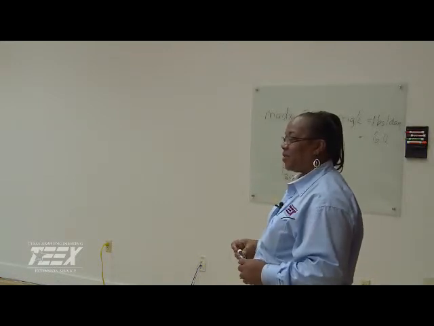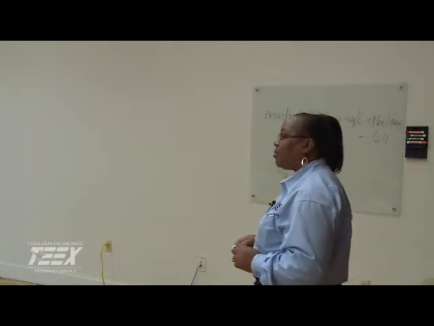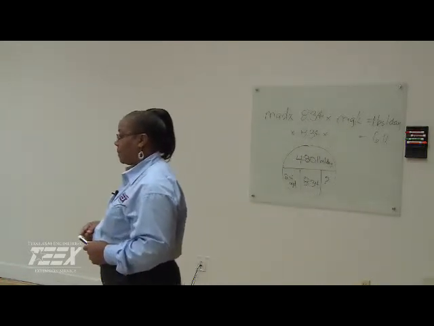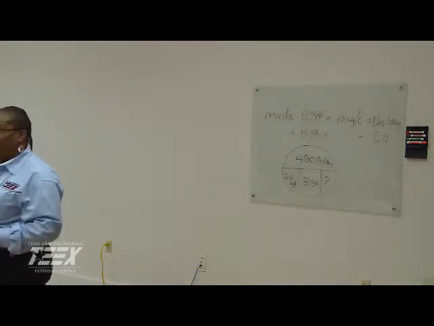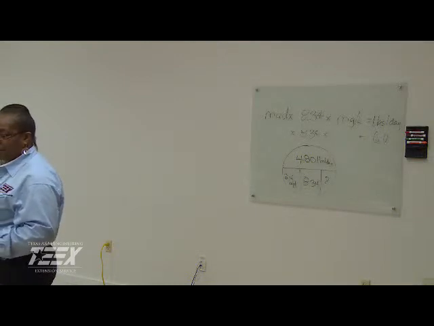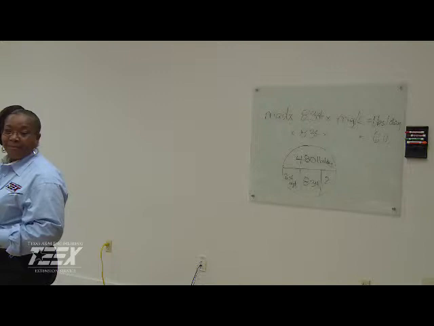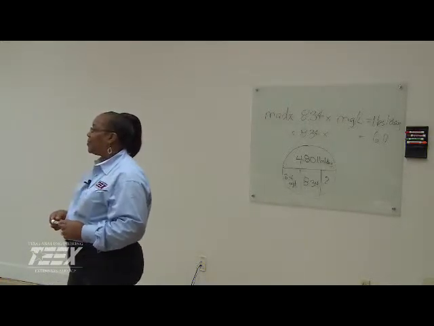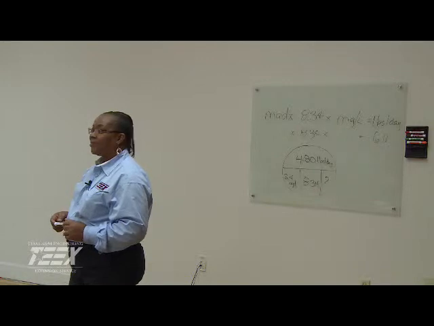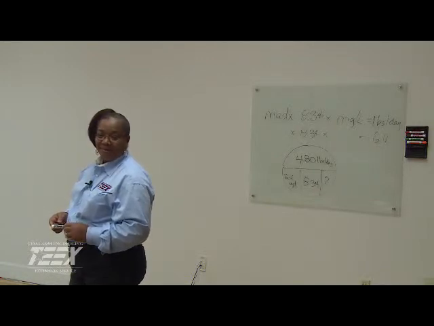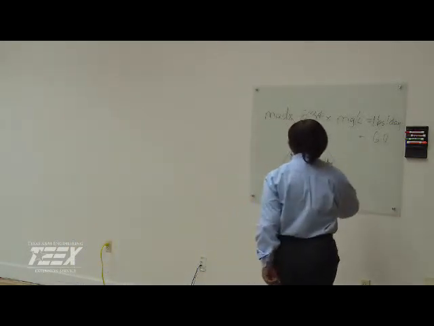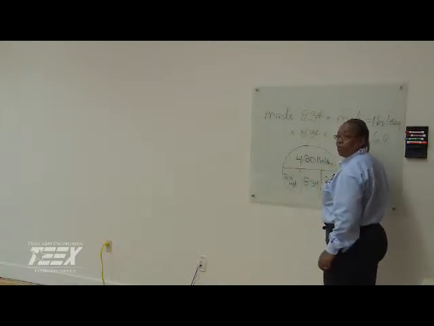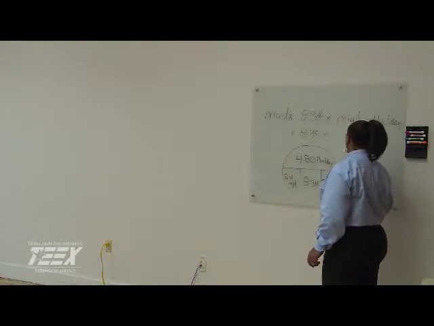Let's see. And whatever answer you get, don't be shy. Let me know what you get. Did you come up with something yet? 23.9. Okay. What'd you come up with? 0.0417. 23.98.